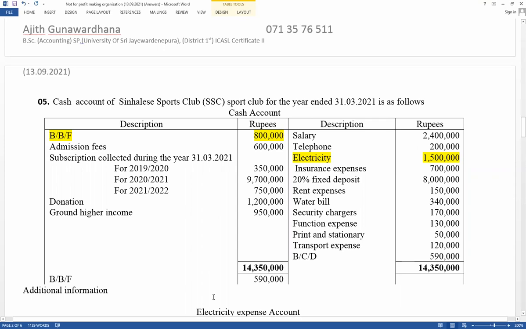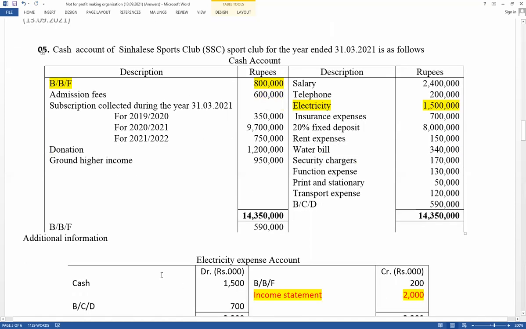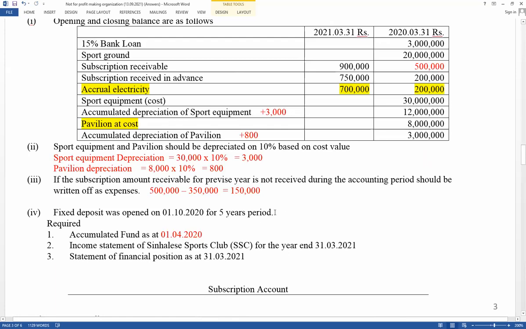See the additional information. Deposit value equal 8 million, percentage 20%. But think about the deposited date it has given for the fixed deposit. Therefore, 20% fixed deposit assets should be included between current and non-current assets from the beginning. After that, you have to calculate FD interest income also. Think additional information: it has given the deposited date.